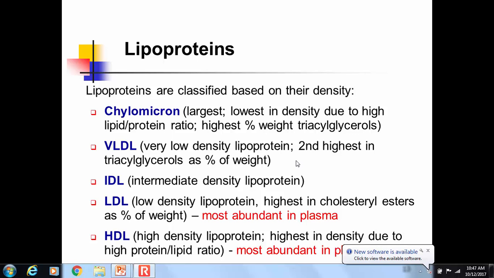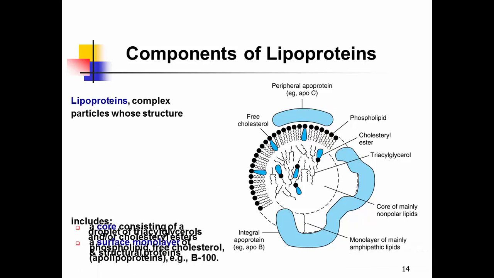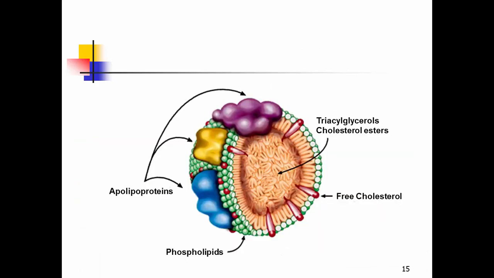The surface is basically monolayer phospholipids, and also has apoproteins, right? So that is the structure of lipoproteins. And different lipoproteins have different types of apoproteins on their surface.